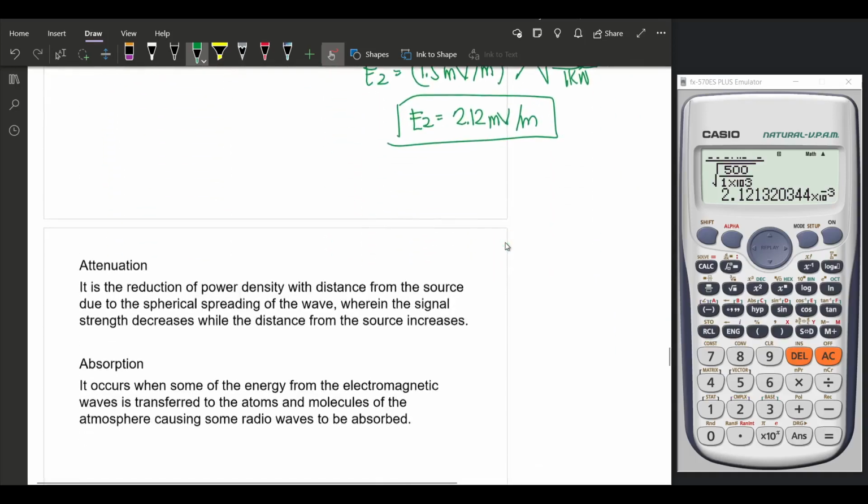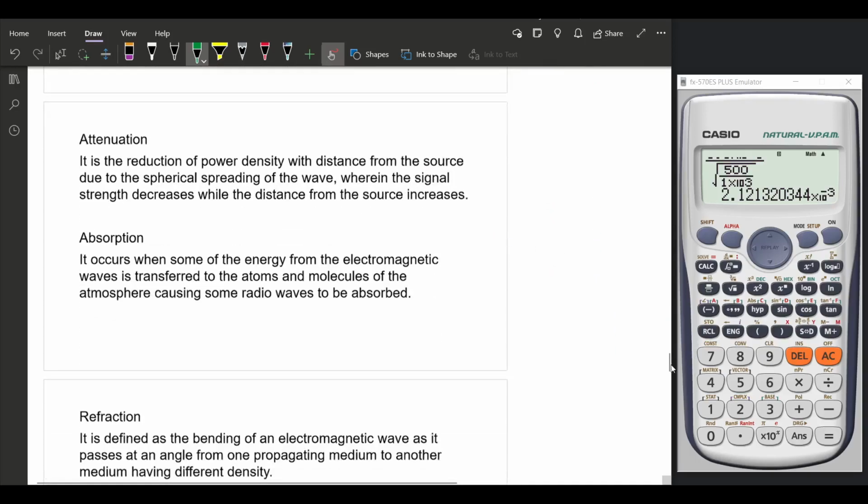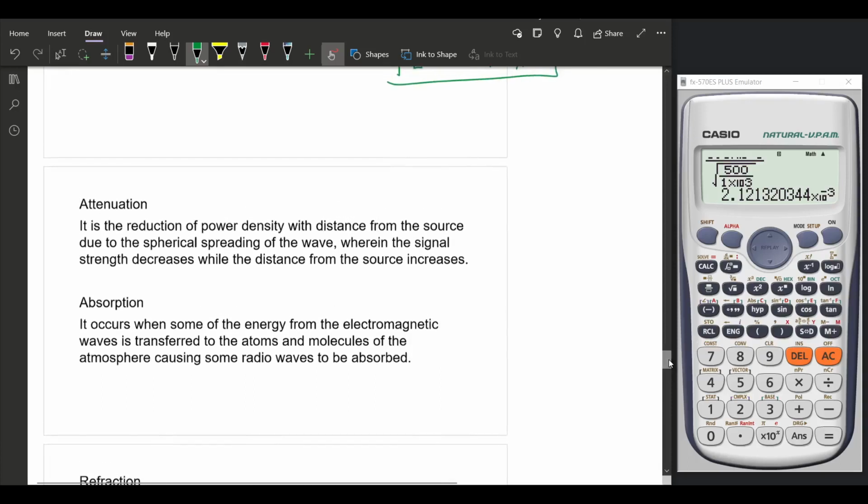Next. So we have these two terms, or what we call the attenuation and the absorption. Okay? So yung attenuation, nabanggit ko na to before. So the attenuation nga is the reduction of power or yung pagbaba ng power level ng signal habang lumalayo siya dun sa source.